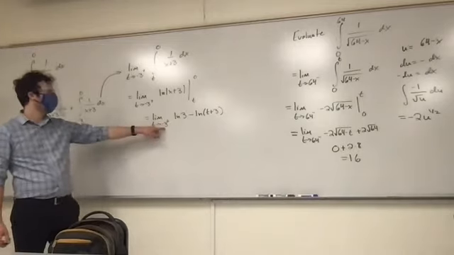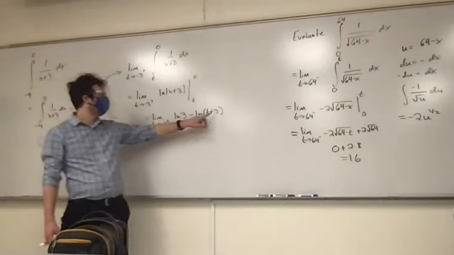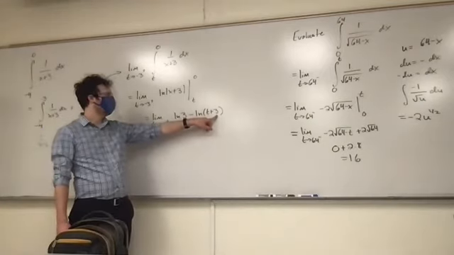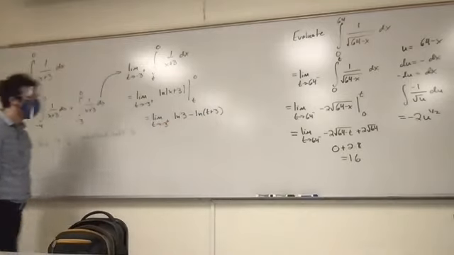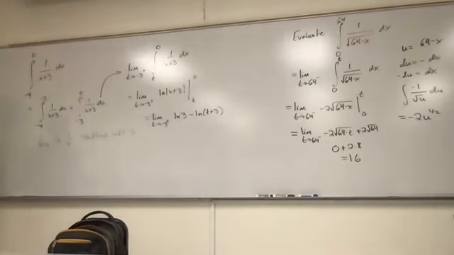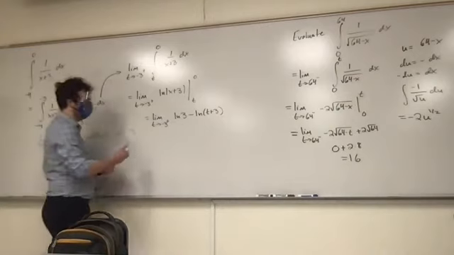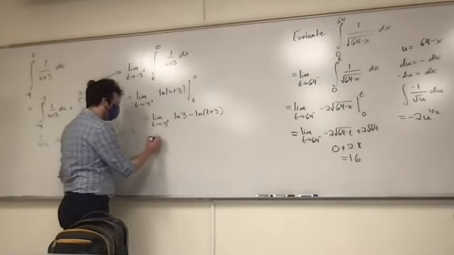This is a 3 where it used to be a 0, and that 3 wasn't there. There was just a natural log. But anyway, it is really similar, but we'll just do this one on its own.